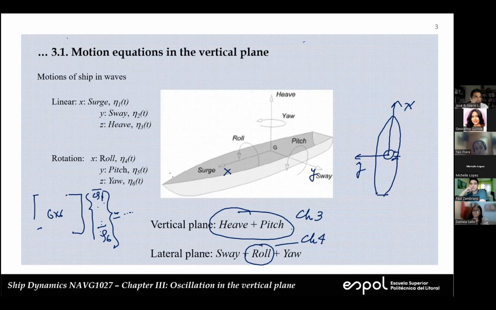If you have uncoupled, all the energy has to be shown in one direction only, okay? So in general, all the energy goes to one motion, so you can expect the amplitude of that motion to be large. When you receive this energy and you split it into several motions, in general, you can expect the amplitude of each one of them to be smaller than in the case of uncoupled.